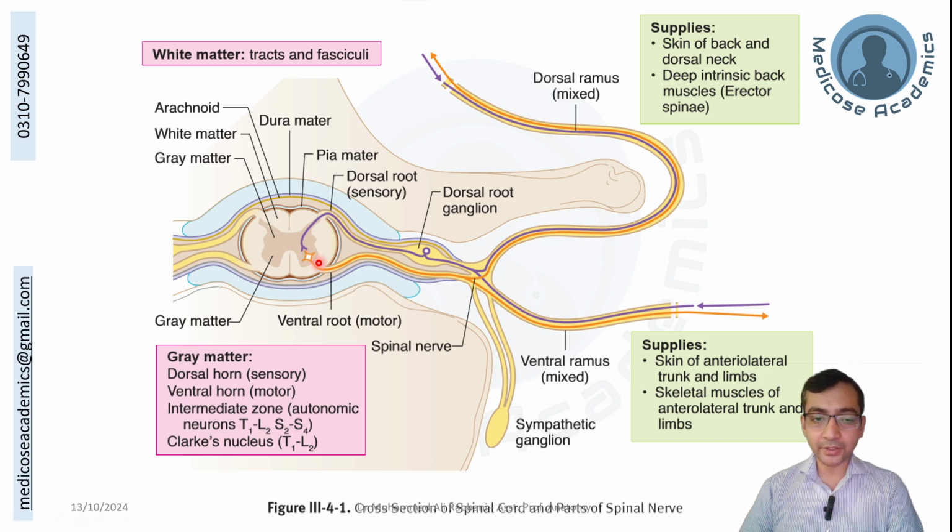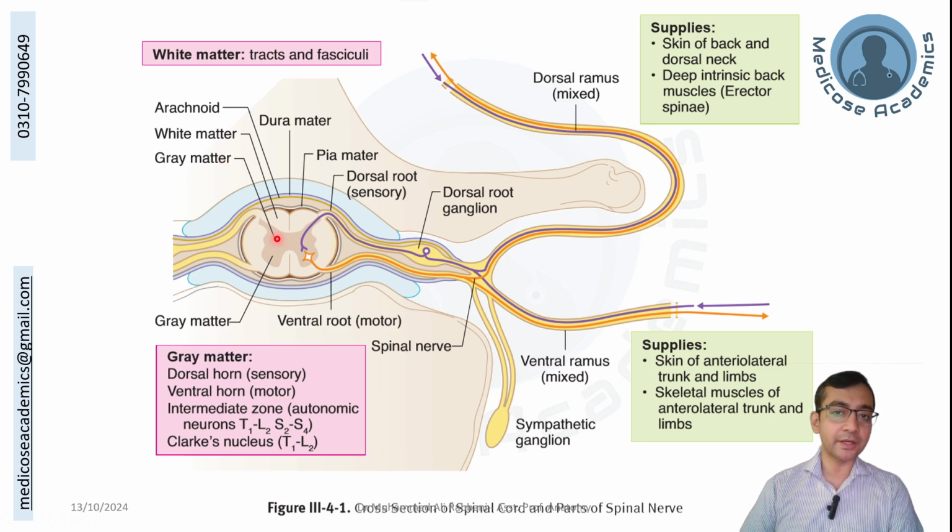We talked about the ventral horn giving rise to the ventral root, and the dorsal horn receiving the dorsal root. These motor and sensory roots join to form a common mixed nerve, which further divides into the ventral and dorsal rami, supplying the anterolateral part of the body and the back of the body.